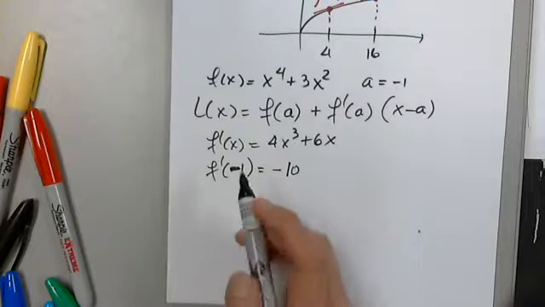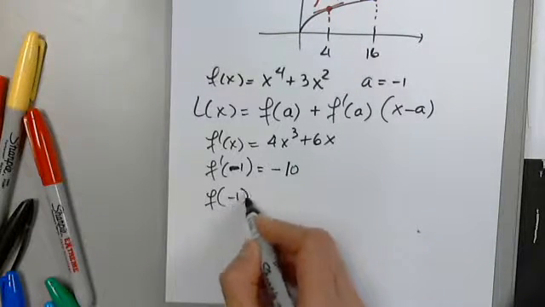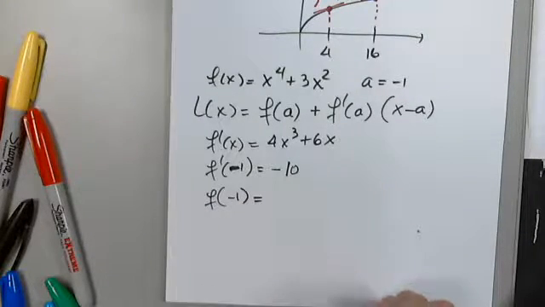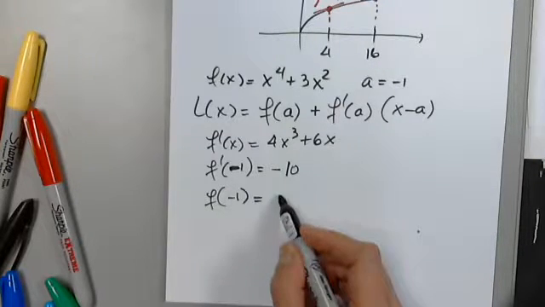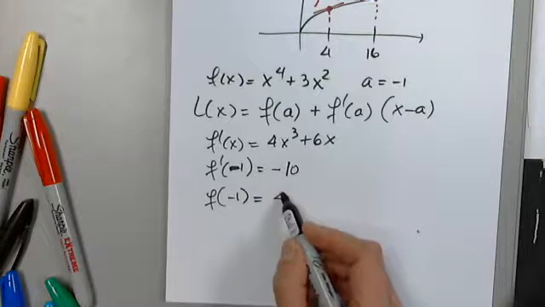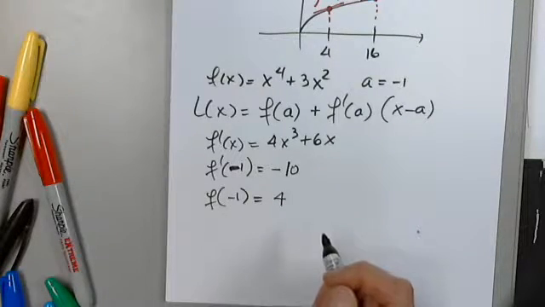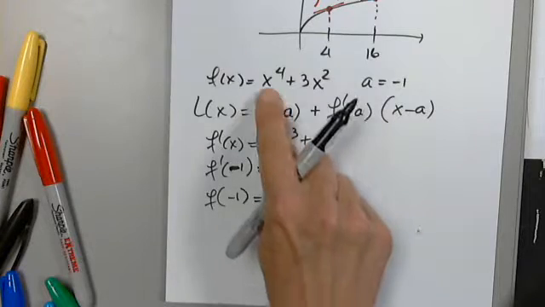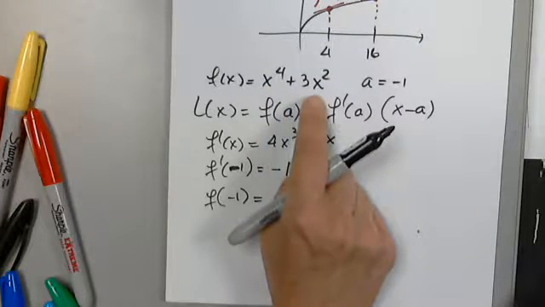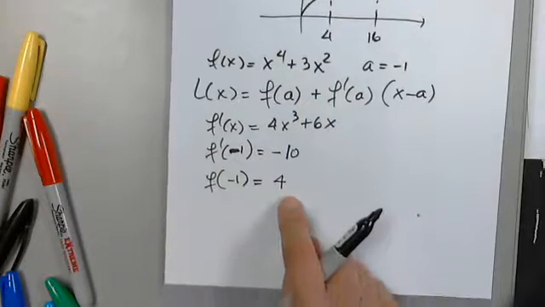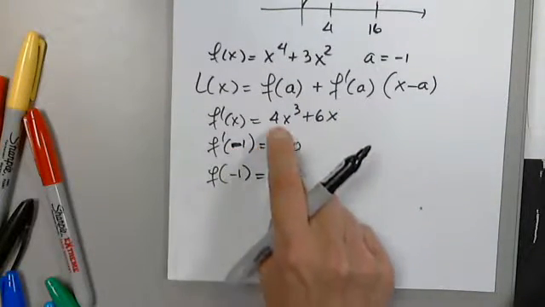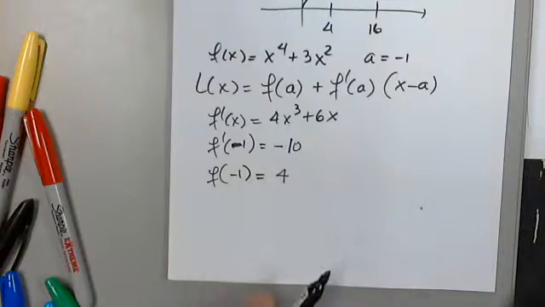Very good. We have to find f of -1, so -1 to the 4th is 1. -1 squared is 1. So 1 plus 3 is 4. But f prime of -1 is -4 minus 6. Agreed?